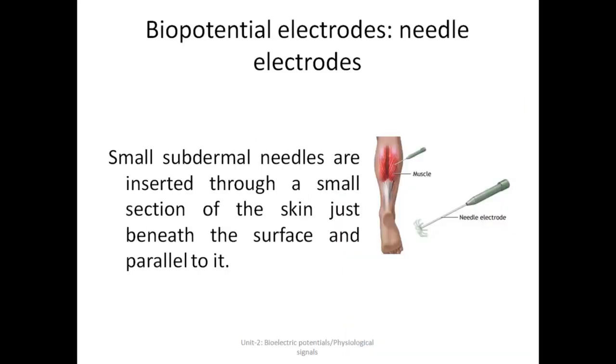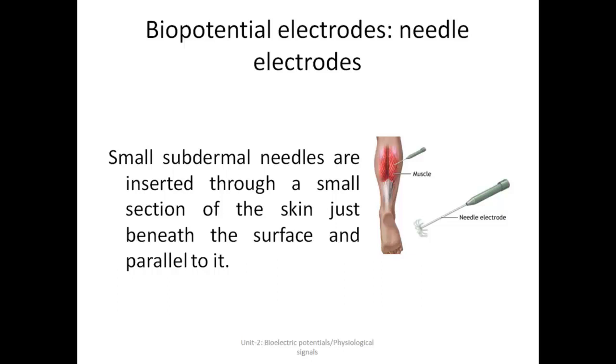Then we have needle electrodes. To reduce the interface impedance and other movement limitations, small subdermal needles are used to penetrate the scalp for EEG measurements, and even EMG. These needle electrodes are not inserted into the brain, they are merely penetrated in the skin.